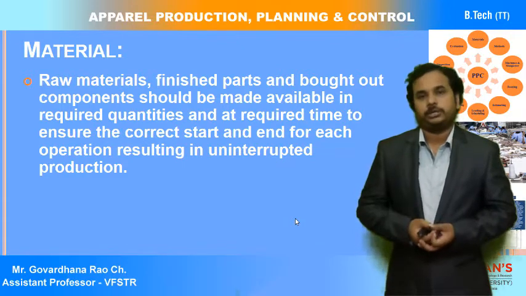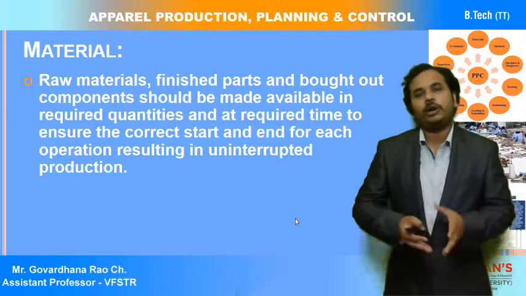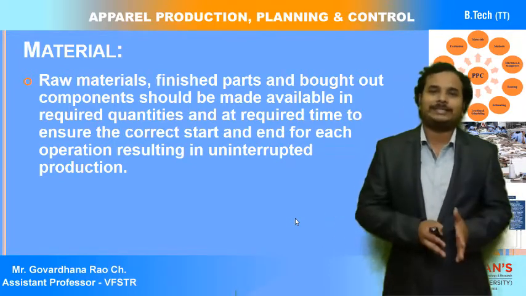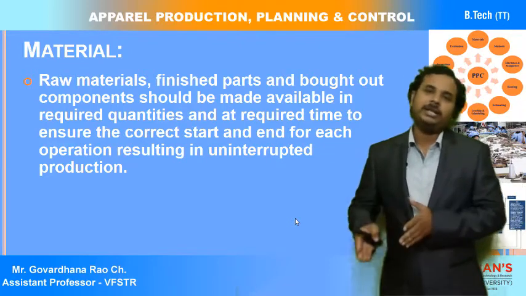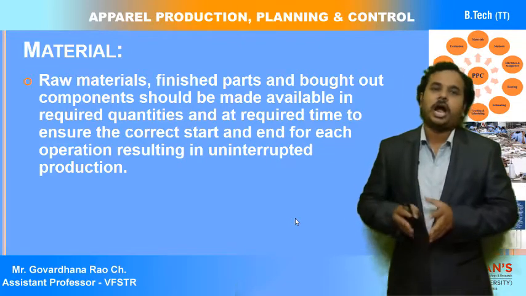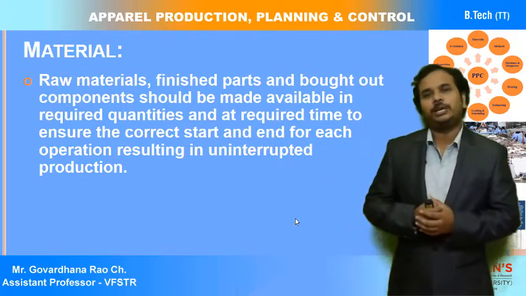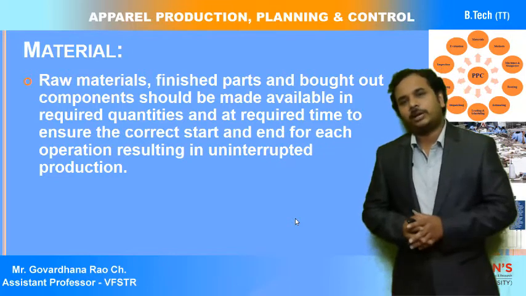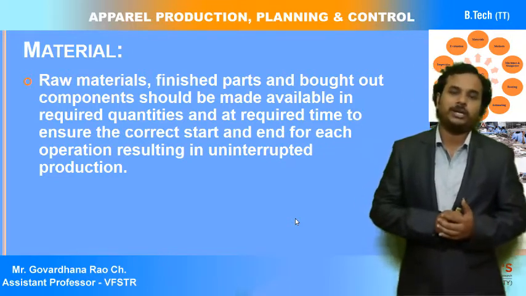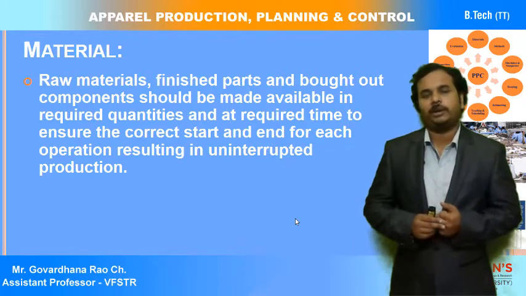uninterrupted production. So the material has to be available, and only then can we plan: what is exactly the starting time and ending time of this production. If you don't have the required quantity of material and you have started the production line, what will happen?